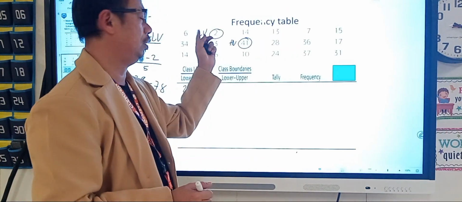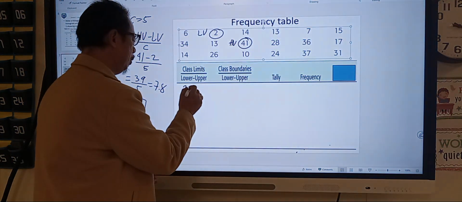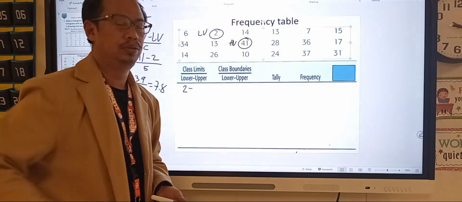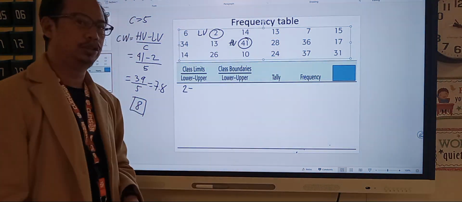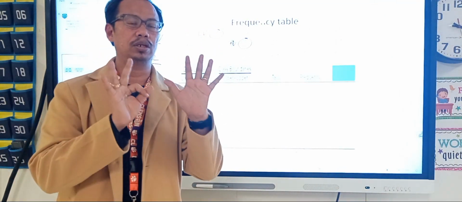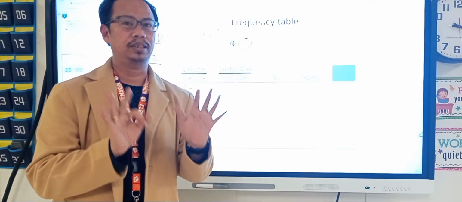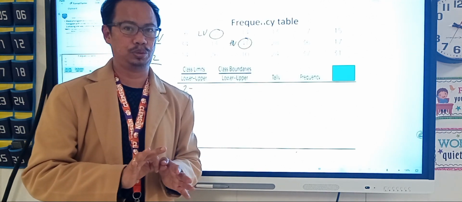The next part is you're going to count the numbers. It should supposedly be 8 numbers only for each row, because that is the data range for the class limit for each row.